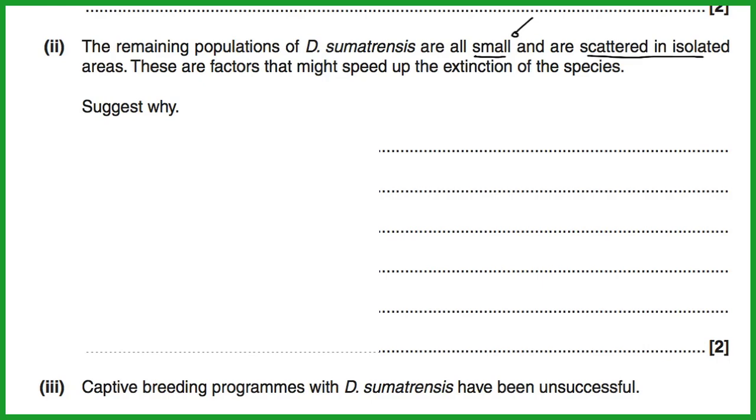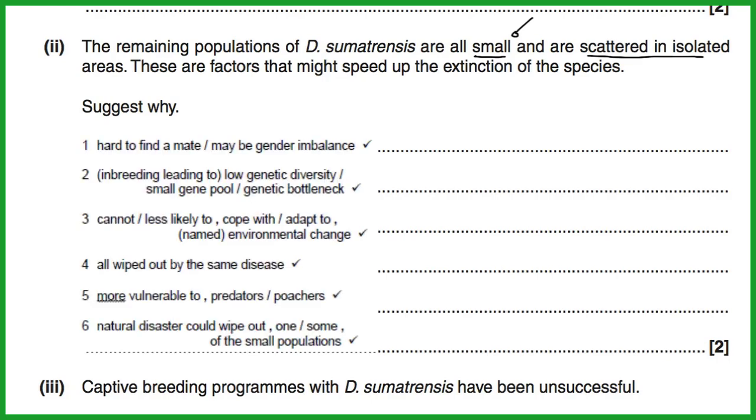And because they're scattered in isolated areas, those small populations are unable to interbreed. So as a result, if you got a disease or a change, there's very little genetic diversity, so they're very susceptible to changes in the environment. And they're also very susceptible to disease.